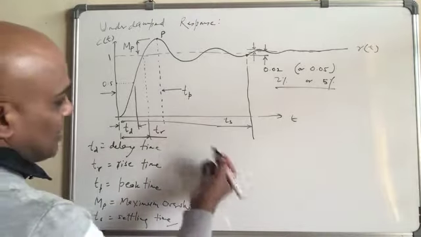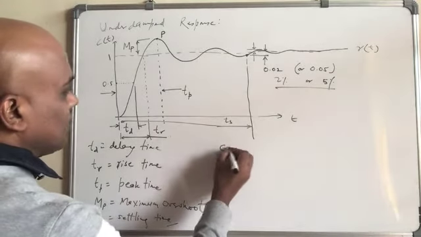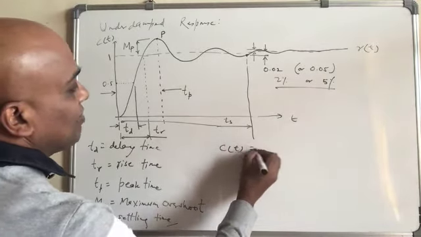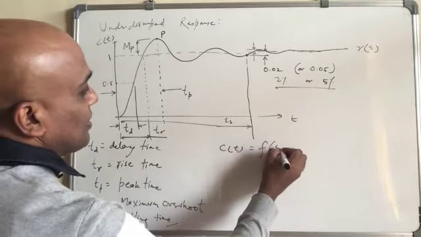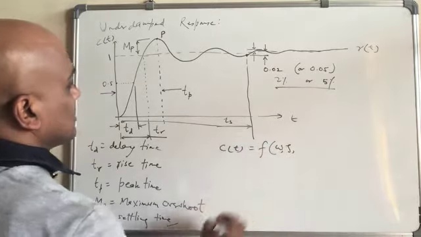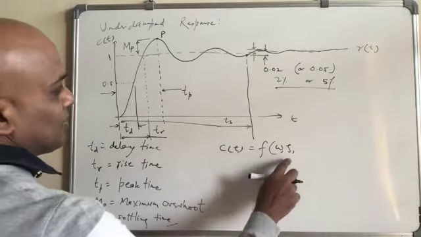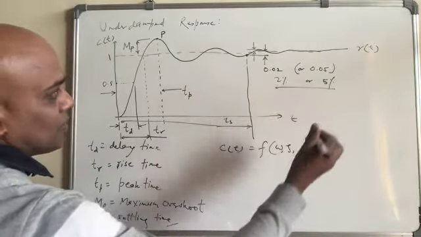You can find them out because you already know the C(t) value, which is a function of omega and zeta.